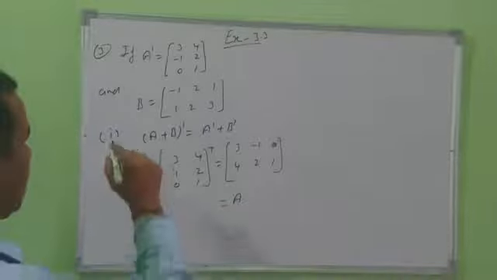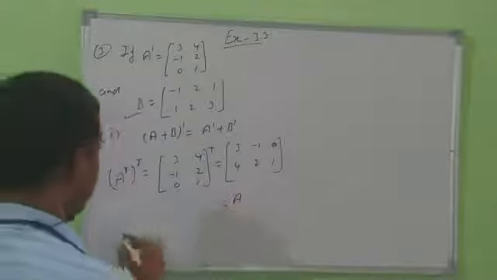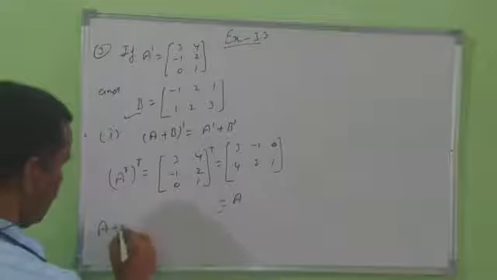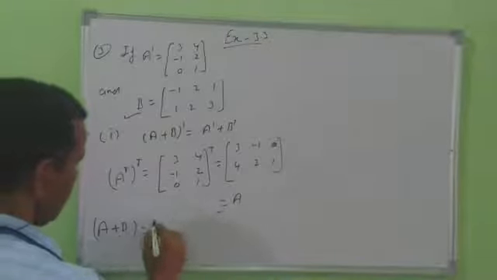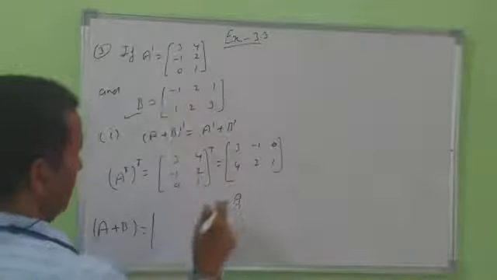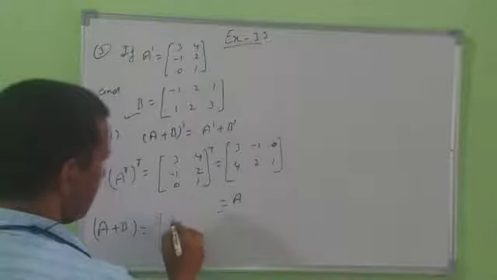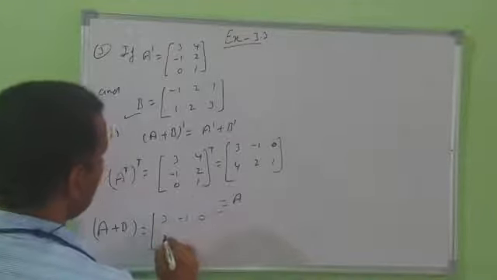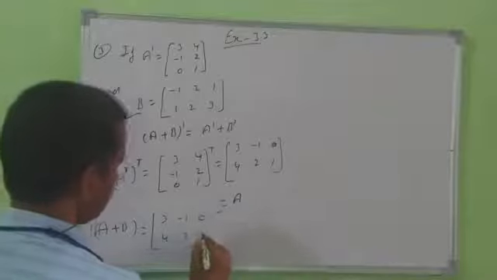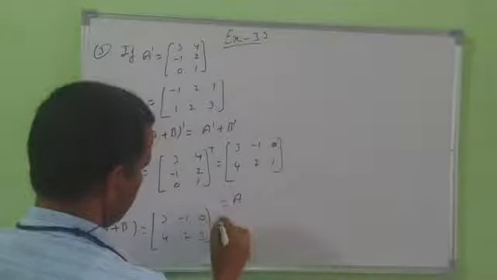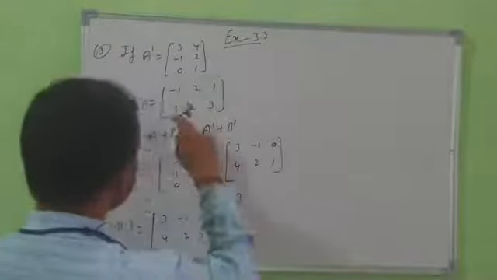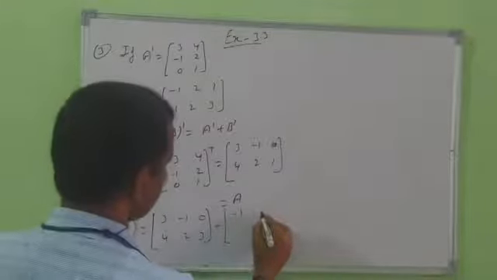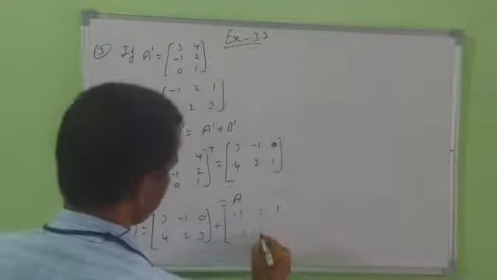After that, you will add both matrices, A plus B. So now A plus B. Matrix A given here is 3, minus 1, 0, 4, 2, 3, and plus matrix B here, minus 1, 2, 1, 1, 2, 3.